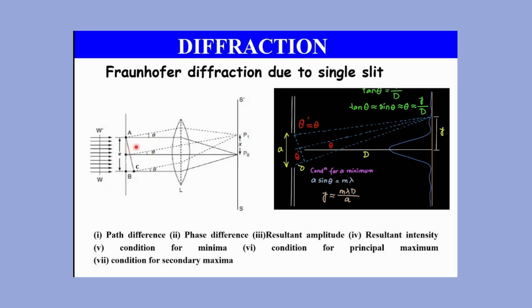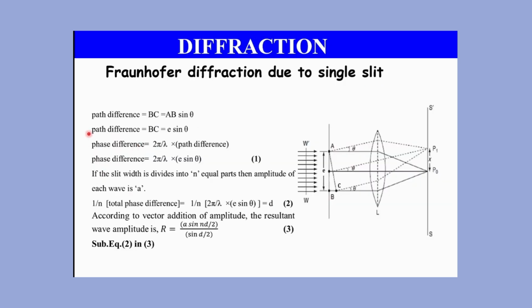Now we have to find the path difference between the light rays passing straight and the diffracted light rays. The path difference is BC, which is equal to AB sin theta. In triangle ABC, sin theta is equal to opposite side divided by hypotenuse, so sin theta is equal to BC by AB.